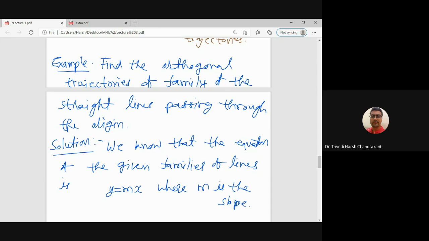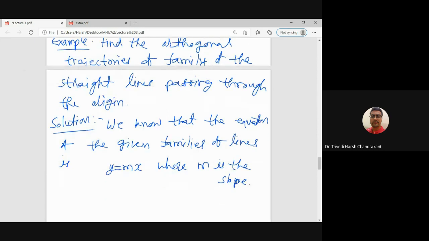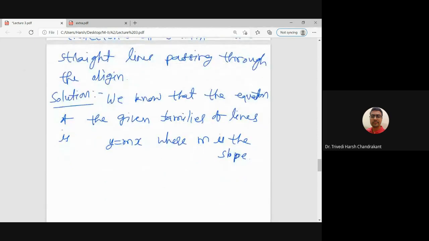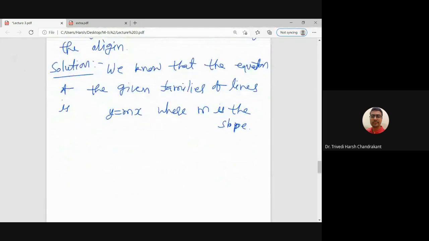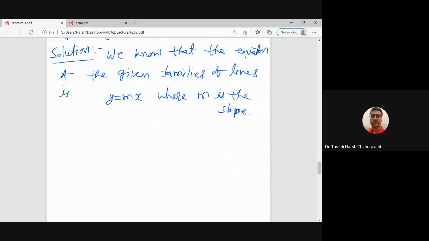So what is given is we are given several lines passing through the origin, and we want to find its orthogonal trajectories. So first we'll find the differential equation of this family. We need to differentiate it. So the derivative is dy by dx equals m.